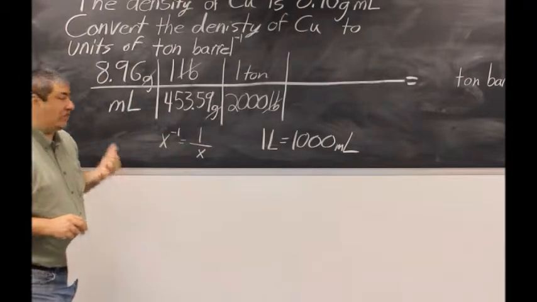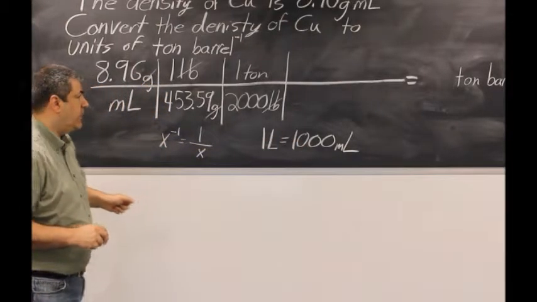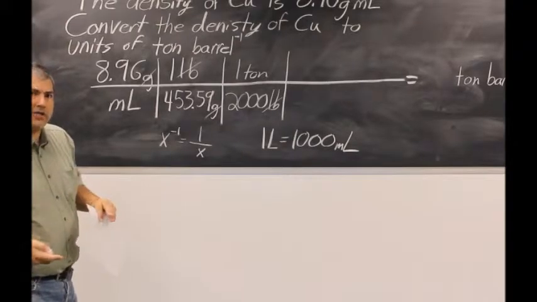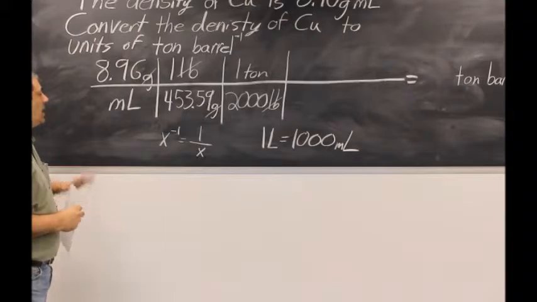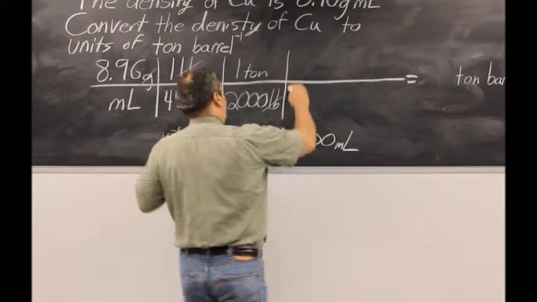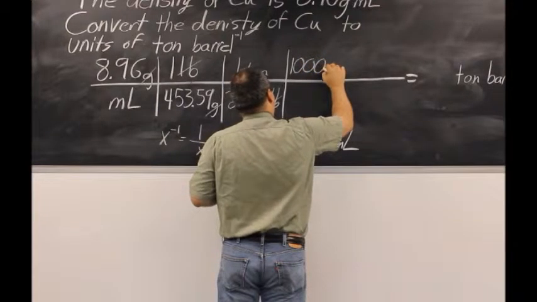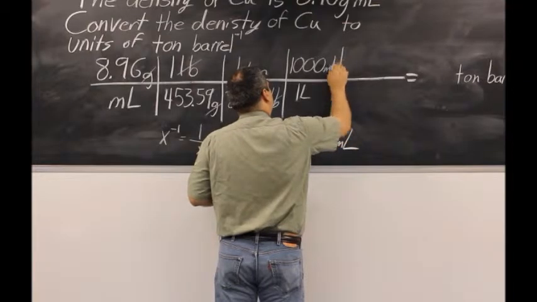So the metric system, I will expect you to know how to convert within the metric system from kilo down to milli. And then later on we'll actually pick up a few other conversions. But for right now, kilo to milli. So 1,000 milliliters, excuse me, is 1 liter.